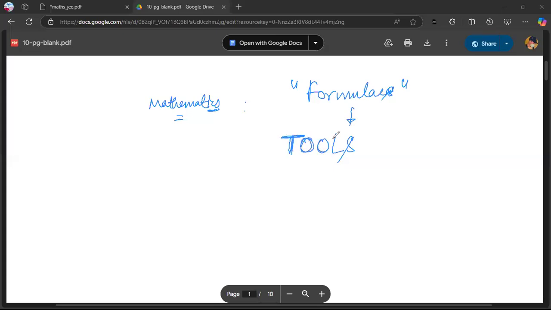They are our tools. You do not just need to know how to use that tool.